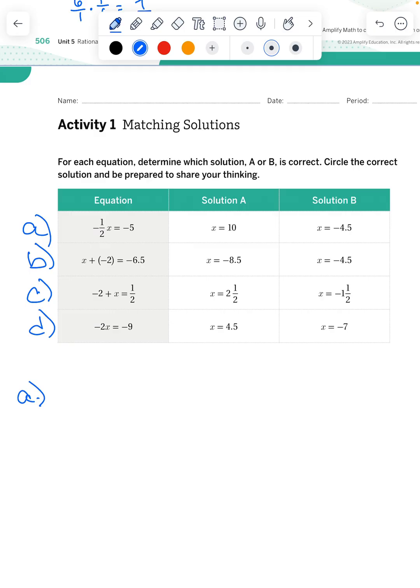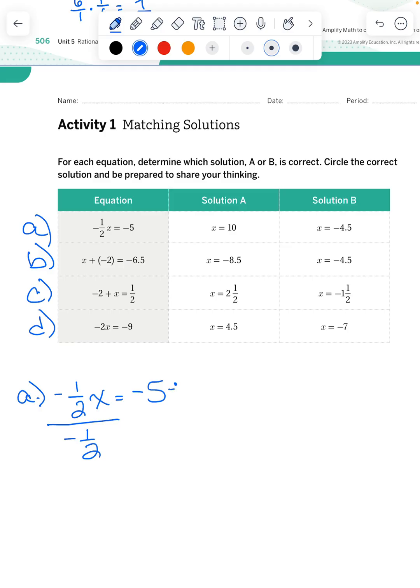And let's start with letter A. If I have -1/2 times something is -5. To solve for an unknown, to solve for that X, so the variable, you do the inverse operation. This front of the equation says -1/2 times X. The inverse of multiplication is to divide.